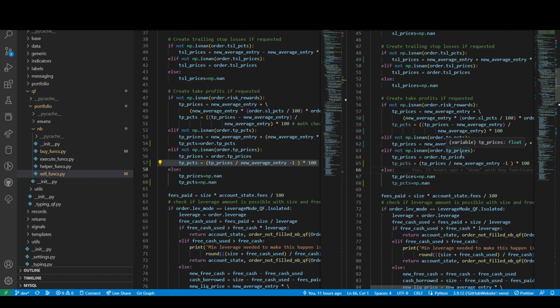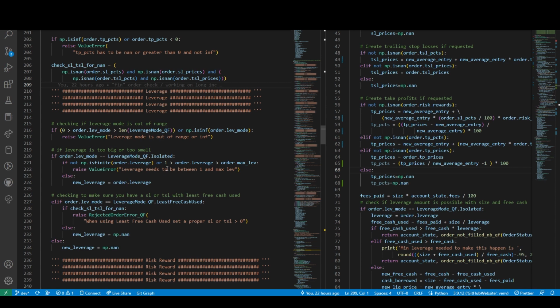Oh, I have to check to make sure that the take profit prices are greater than or equal to the current average entry. Well, actually, I can't. I have to check to make sure that the stop loss is also. Yeah, but I guess it also depends on how low the stop loss is.